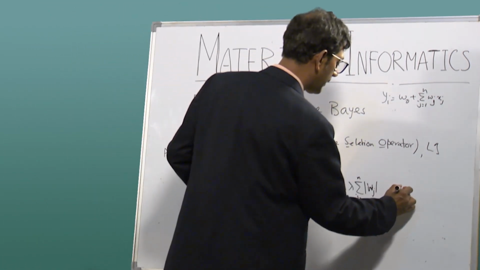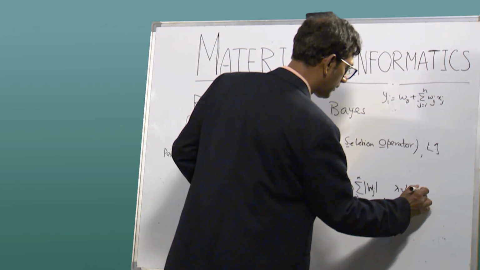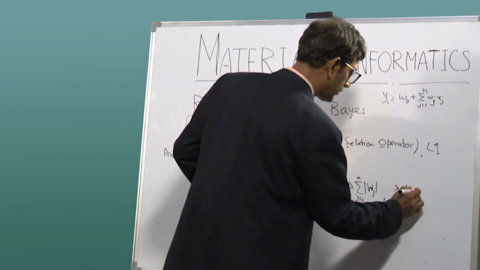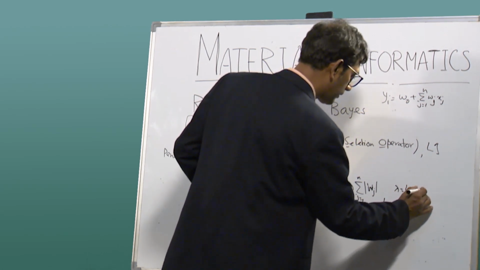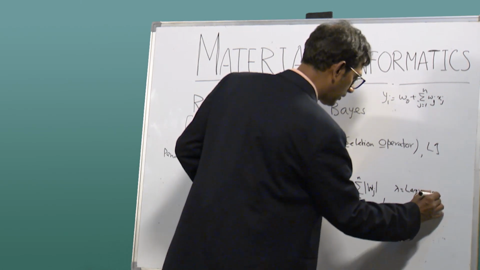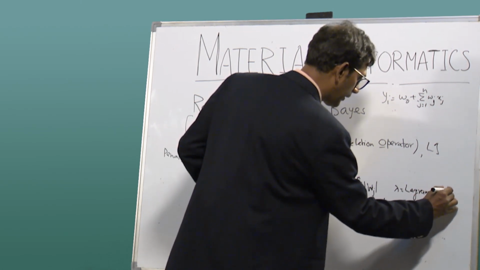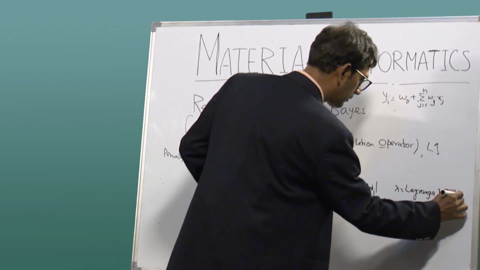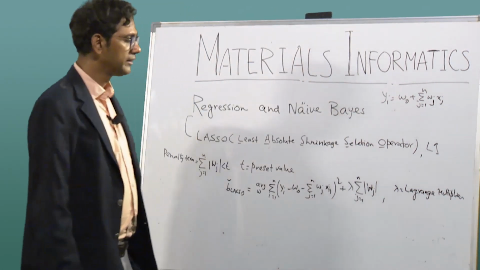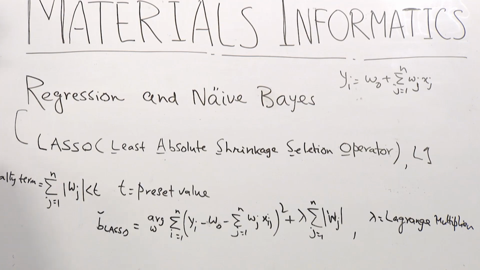Remember, this lambda is a Lagrange multiplier, don't mistake it. That is the way. If you want to optimize a function subject to certain conditions, we have to use Lagrange multipliers. Please look at books where it is given.